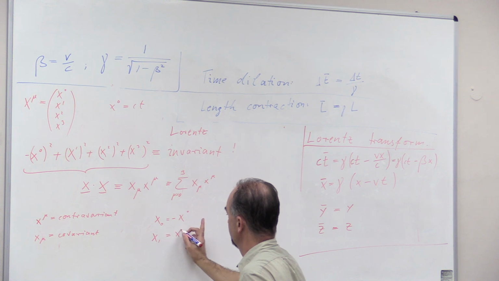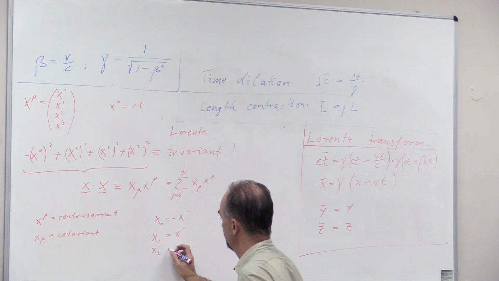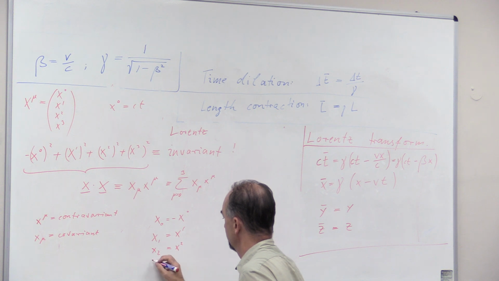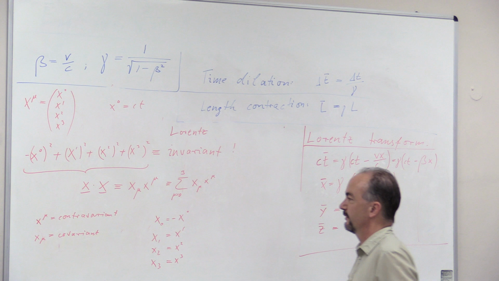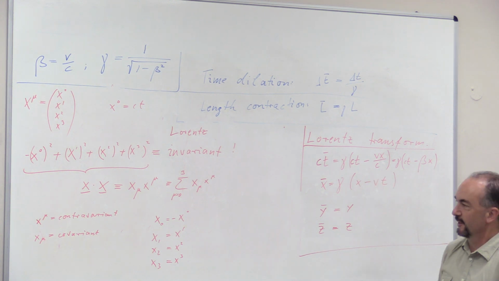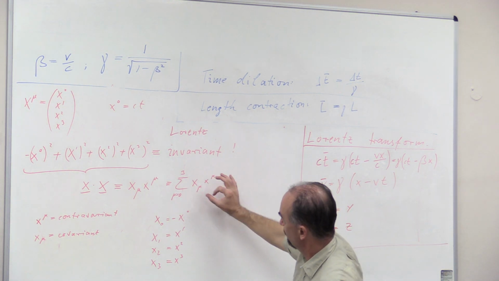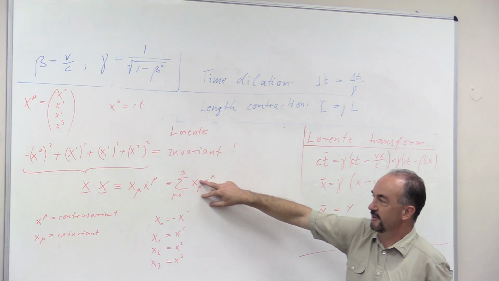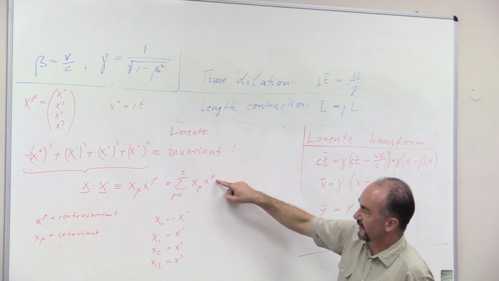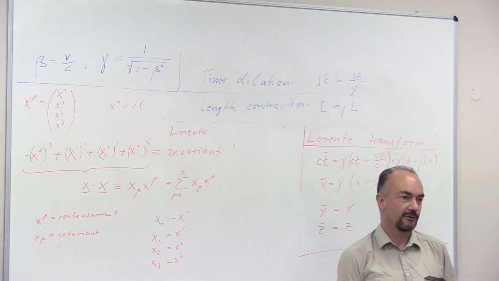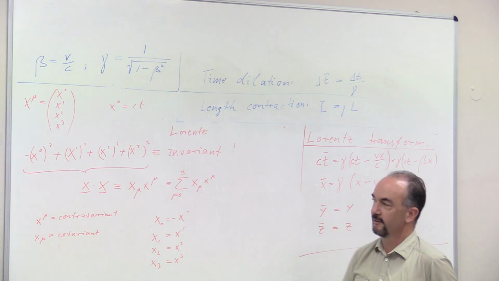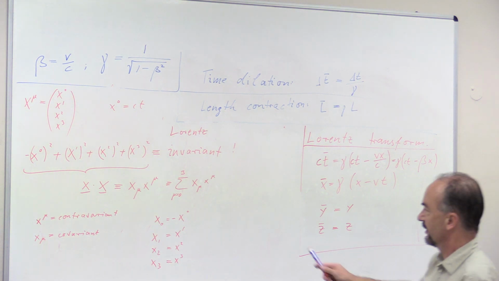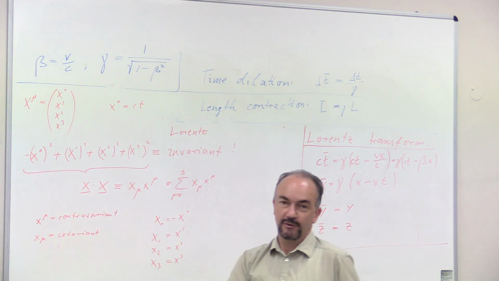For the others, it doesn't matter: x2 lower equals x2, x3 lower equals x3. So this is really just a way to indicate this 4-vector product. If we take a 0 component of a vector in the scalar product, that means you always introduce that minus. So this way you get the minus time component squared.